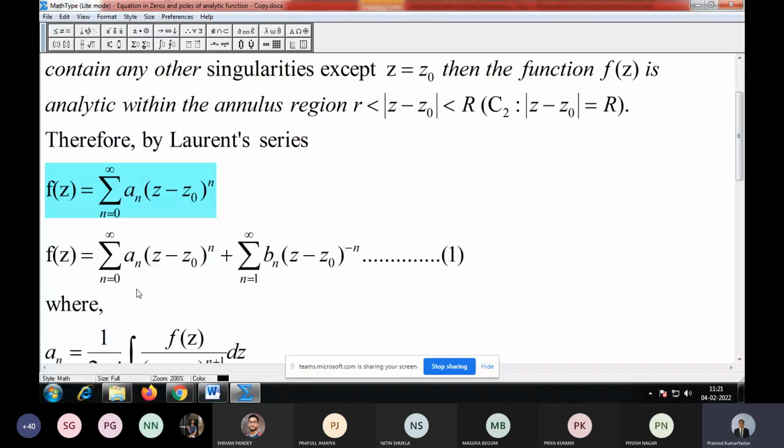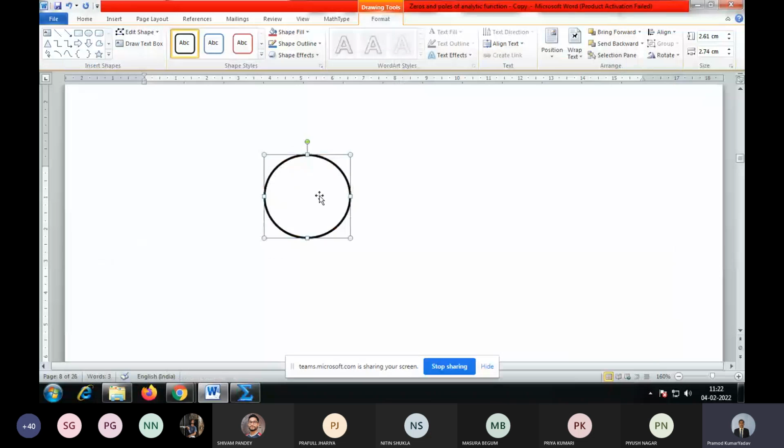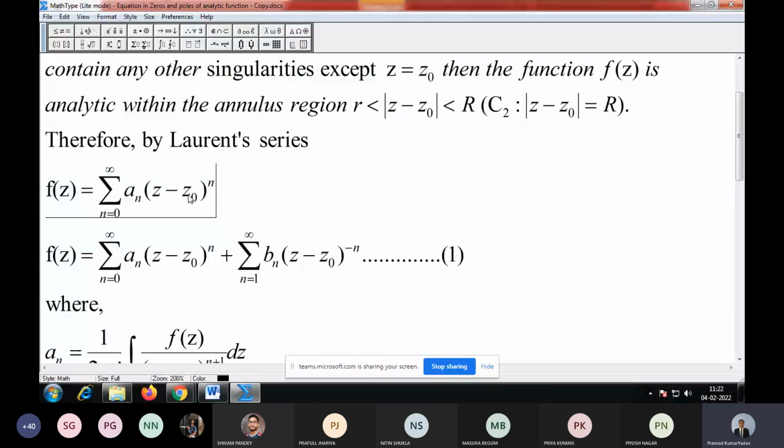Again I'm repeating, for all values of z inside this C, f(z) can be expressed as the summation of a_n (z minus z naught) to the power n, where n varies from 0 to infinity.